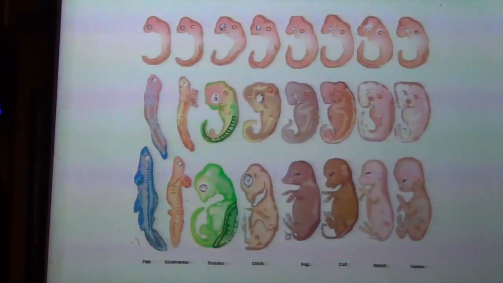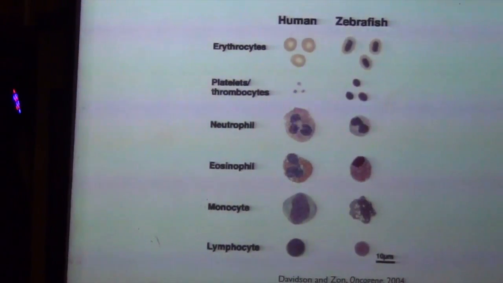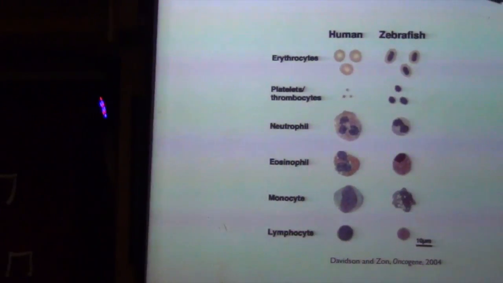But if we go early enough, we have enough similarities to take one fish as a model for a baby. And not only at the macroscopic level, but also at the cellular level. I've been working on microglia, which are blood-borne, and indeed the blood cells of the two species are quite similar. So it's scientifically sound enough to be used.